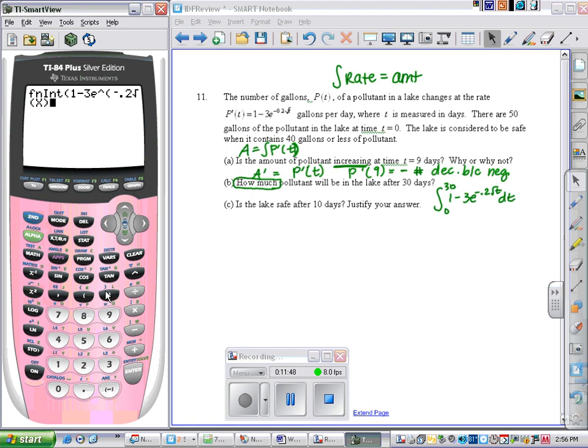Make sure you close both sets of parentheses, comma x, comma your length is from 0 to 30. So we get, it takes a little while to think.